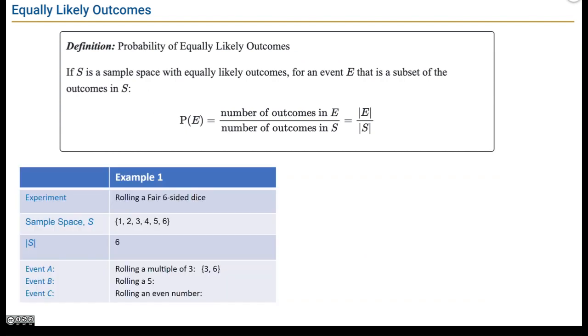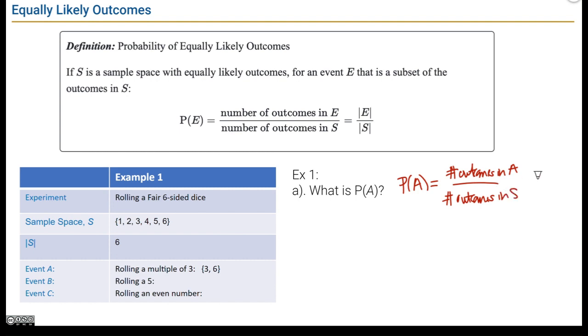Let's go back to the example that we started with in the previous video, which is rolling a fair six-sided die. We defined an event as rolling a multiple of 3. And so now we can see, in terms of how we would define the probability, I'm going to think of this as the number of outcomes in A, number of outcomes in that set, out of total number of outcomes of rolling a die, in S. Well, there are two ways that I could get a multiple of 3.